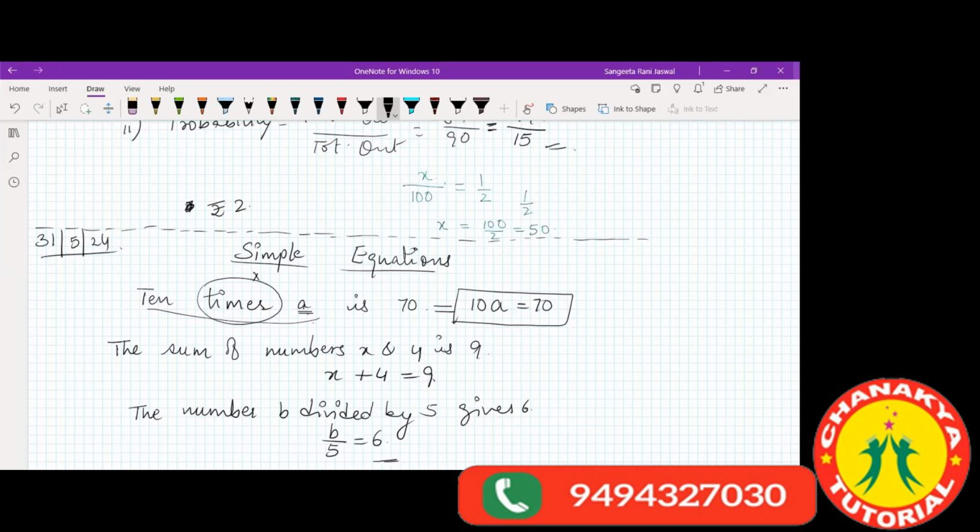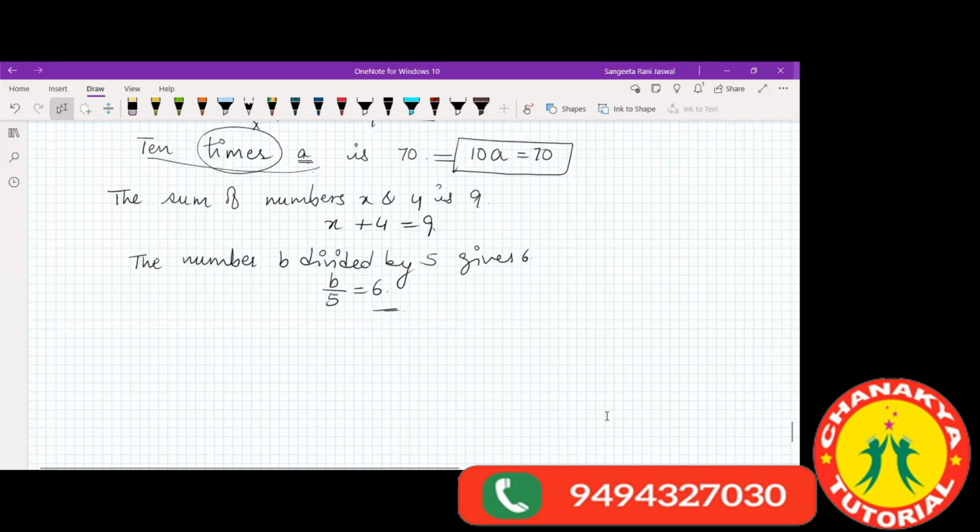Now, 2 subtracted from y is 8. Soumya, tell me. 2 subtracted from y is 8. How will you write this algebraic expression? Hurry up, Soumya.